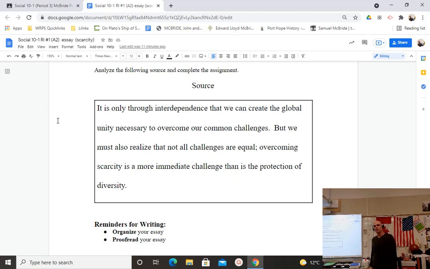See what I'm doing there? I'm analyzing. I'm taking the language on the page and I'm finding a perspective. So this source is inspired by someone who's observing scarcity so extreme that it is causing death. That's what's inspired this source.